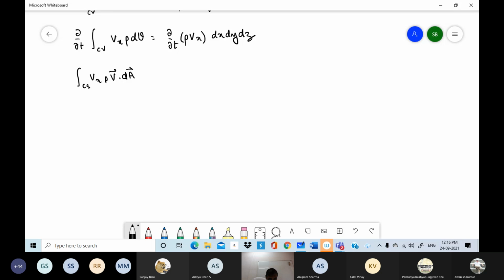This surface integral must be over the entire bounding surface of the elemental volume. So it has contributions from 6 faces.